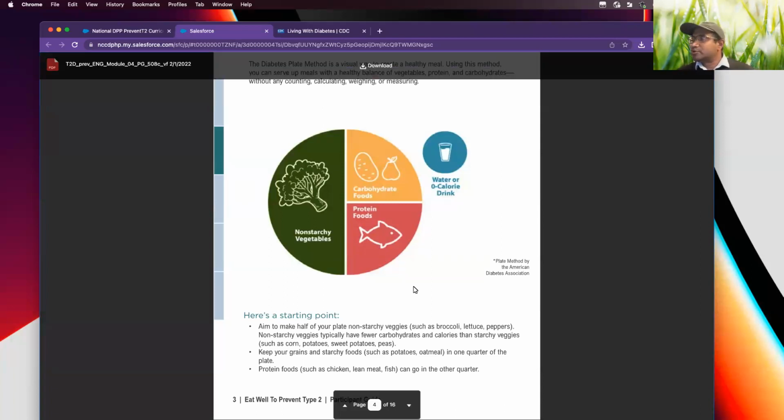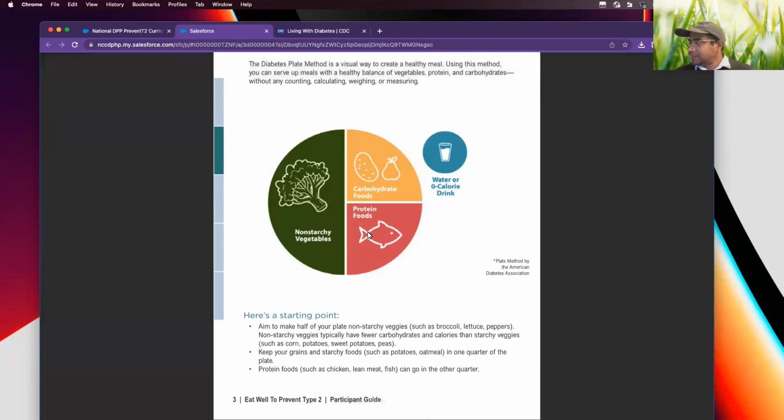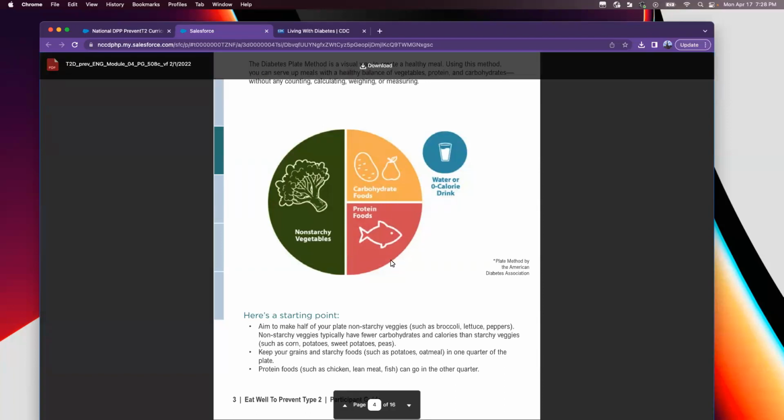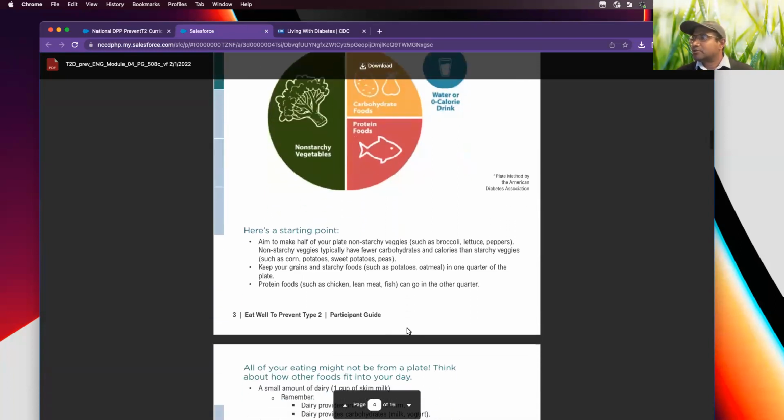Lentils are a good source of protein. You can have tofu in there. You can have paneer, and soy, things like that. You could also add mushrooms. They're all good protein foods and go in the other quarter.